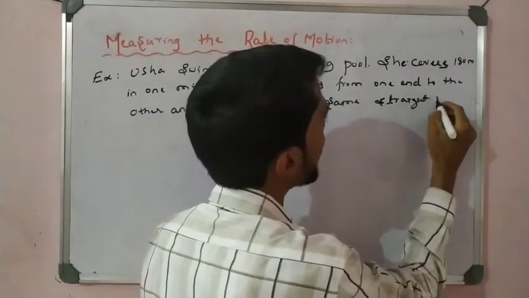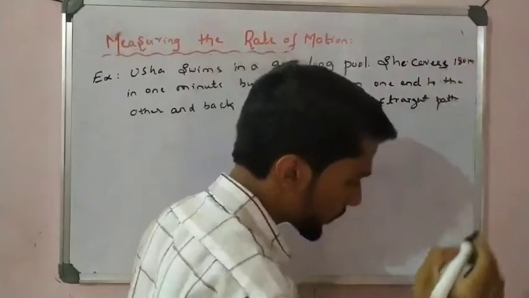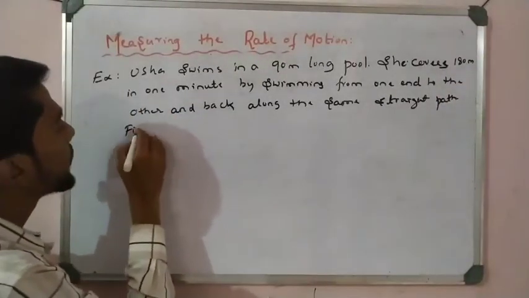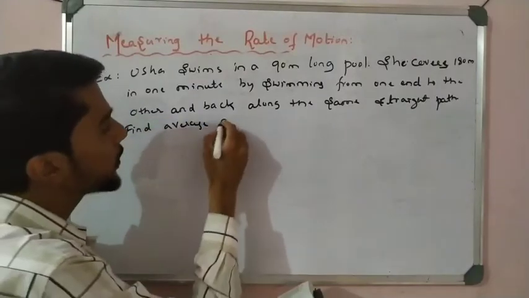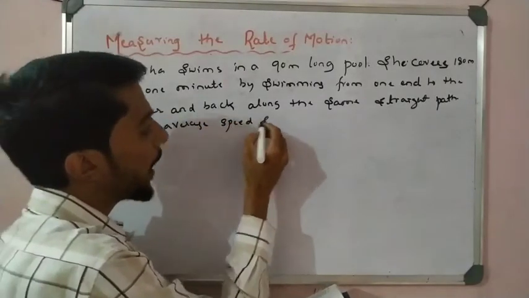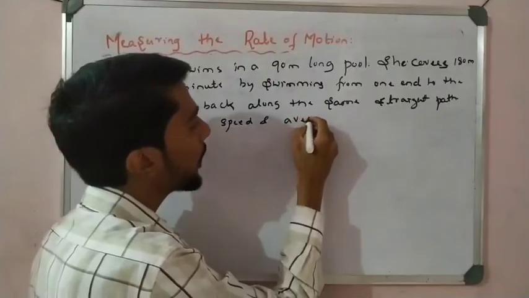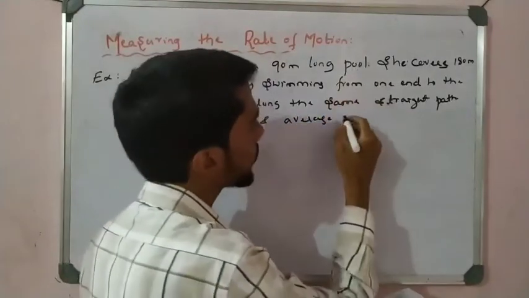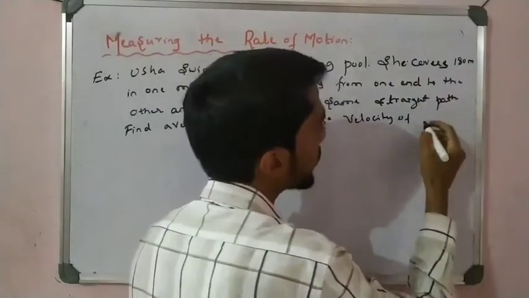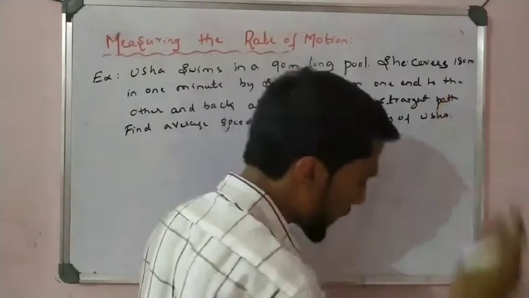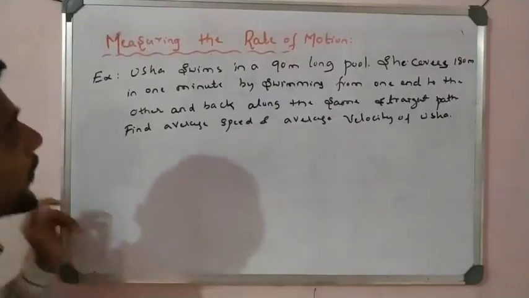Find the average speed and average velocity of Usha. Okay, so see here, very simple, very important example here.